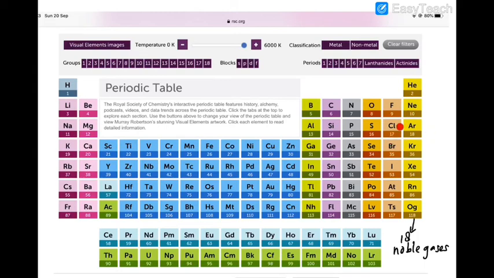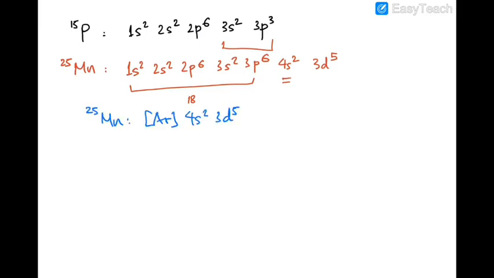So in this case, argon is number 18. We normally use the noble gases to shorten the electron configurations for other elements. Therefore, we can also write the electron configuration for manganese as [Ar] 4s2 3d5. It's the same as the lengthened version.